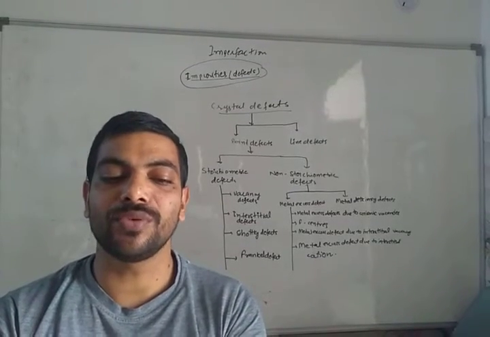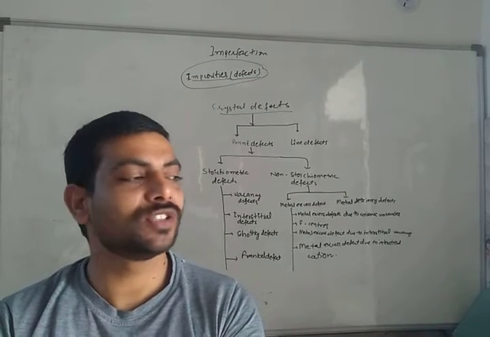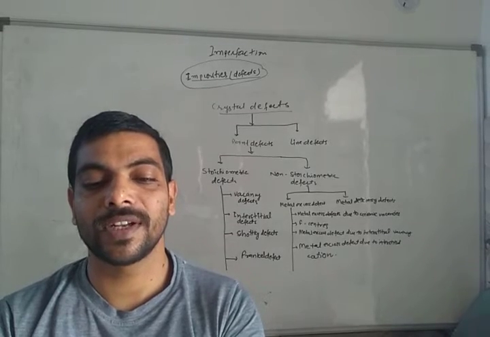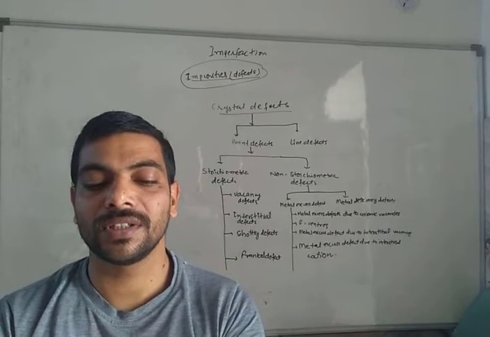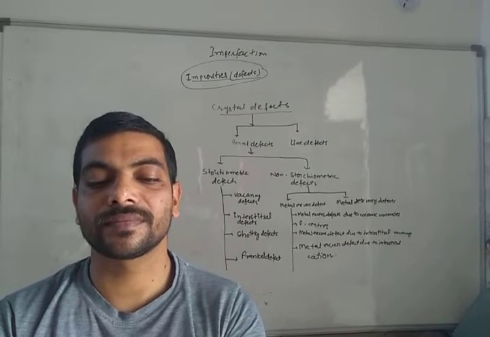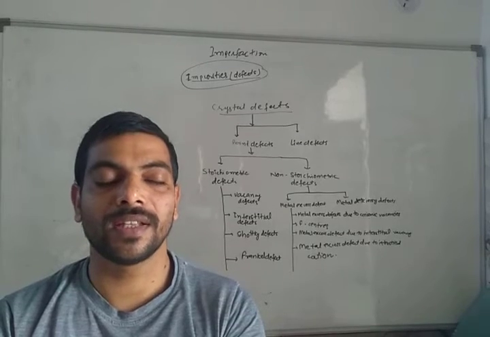If the energy gap between the two bands is negligible, the electron can jump easily from the valence band to the conduction band, and the substance behaves as a good conductor.